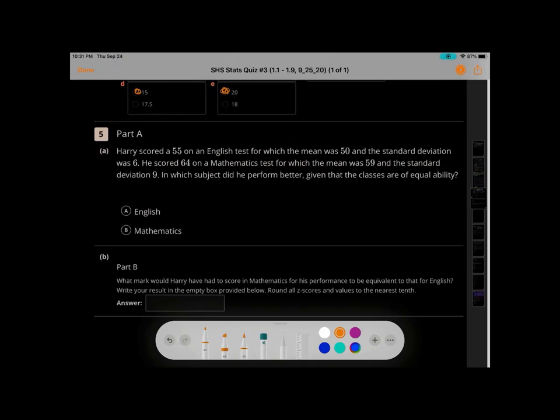5 on an English test for which the mean was 50. Okay, I'm gonna underline this one. Mean. And the standard deviation was 6. Here's some good news.